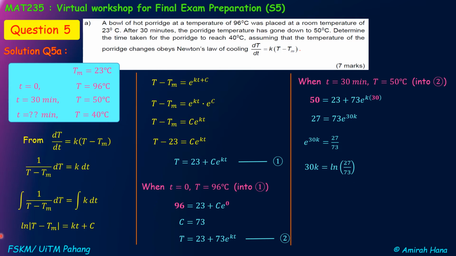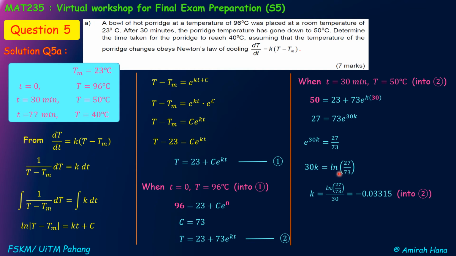Remember, when we move ln to the right-hand side, it becomes the exponential function, and when we move the exponential function to the right-hand side, we have the ln function. After that, we can find k.